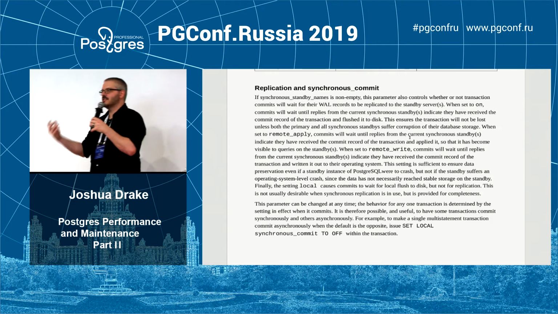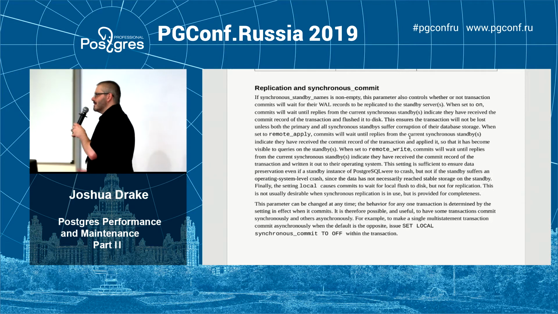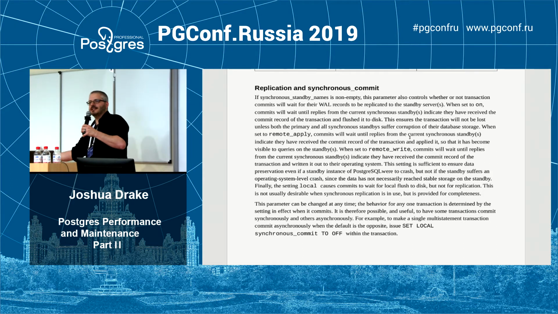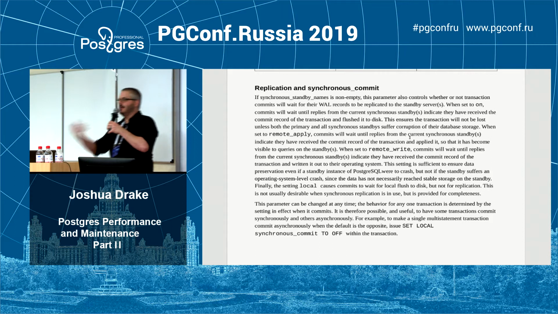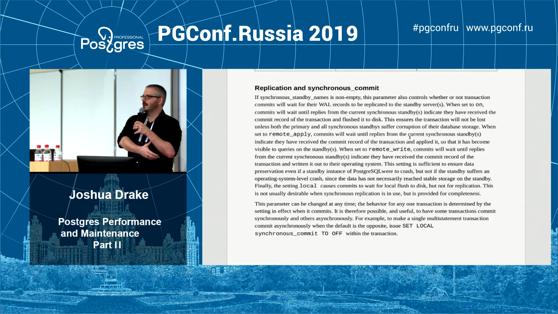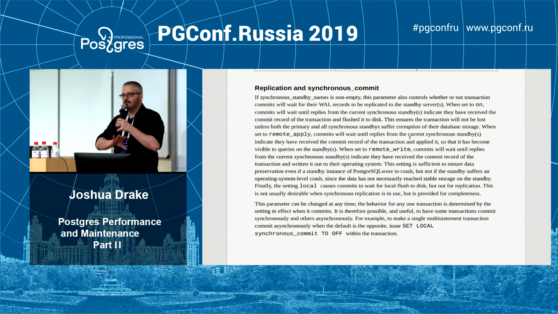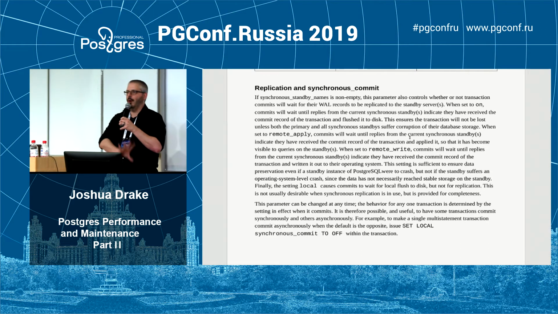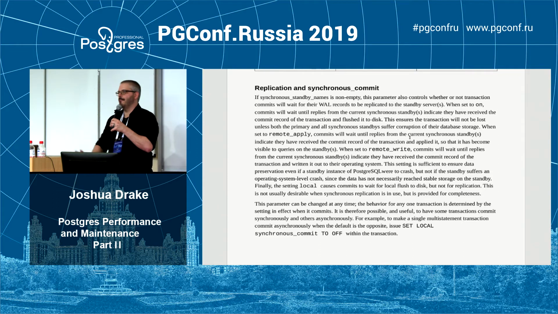Why? Because you're synchronously replicating. Your master, your primary, is waiting for the secondary to say, I got these writes, you can continue. Synchronous replication, beautiful for keeping data safe, horrible for performance and uptime.